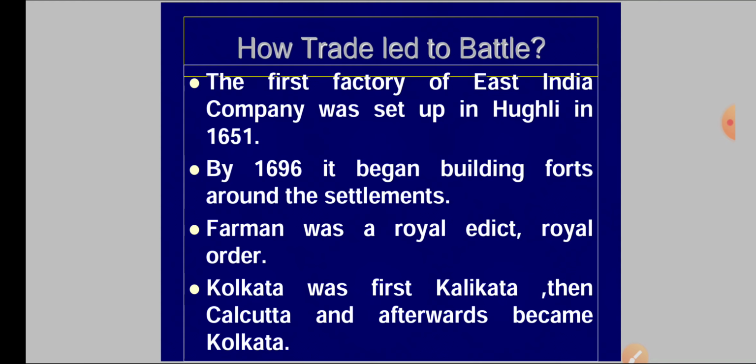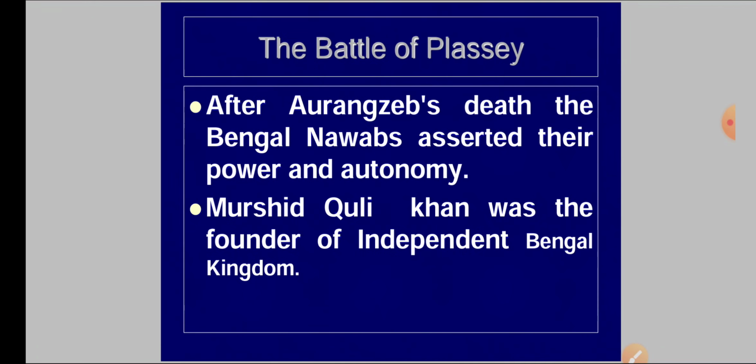In Bengal, Murshid Quli Khan, who was the founder of this independent kingdom of Bengal, was very powerful. During his period, the Britishers did not show the courage to enter the areas or do any illegal trade. After him, Ali Wardi Khan became the Nawab of Bengal, who was also very powerful. The Britishers were afraid of him.